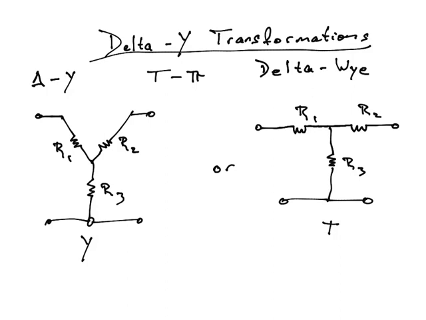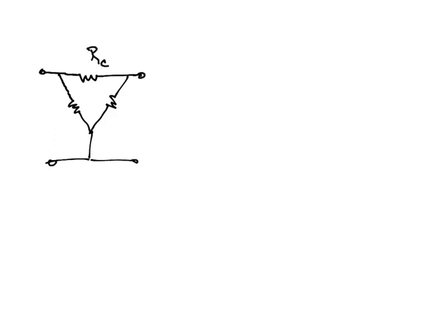Well, it's possible to convert your Y connection into what's called a delta connection, or your T into what's called a pi connection. So let's look at what the delta looks like. The delta looks like this. I'll call this RC, RB, and RA, and you'll see why I'm naming them like this a little bit later.